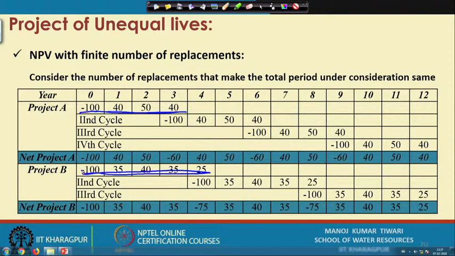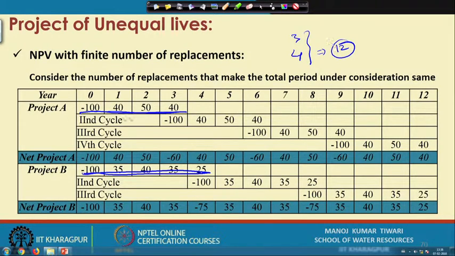So, how can we bring them to an equal lifespan? One is for 3 years, one is for 4 years. We should take their least common multiple, and we should run the projects for that many years. For 3 and 4 it will turn out to be 12, 3 into 4. So, we have to run this project for 12 years.